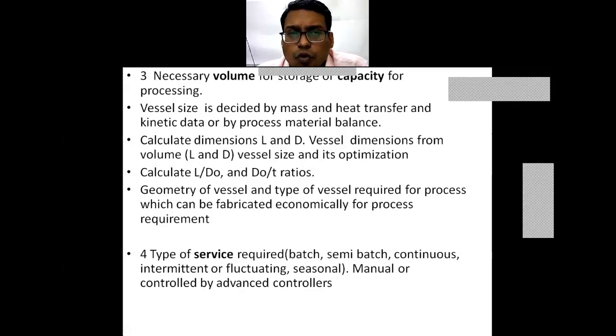Basically, how much volume the vessel needs is decided purely by a chemical engineer on the basis of the material balance, the energy requirements, the mass transfer requirements, and the kinetic requirements. Our chemical reactor design subject defines the volume requirement for obtaining the defined conversion for that particular product.